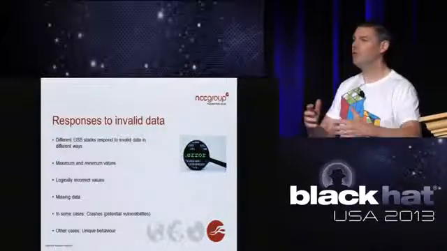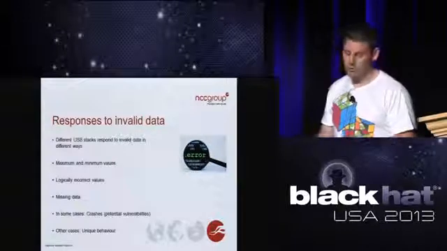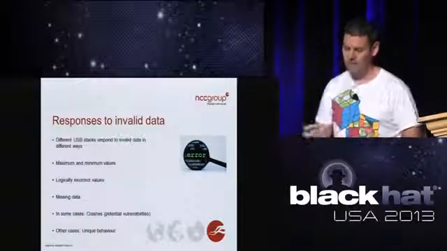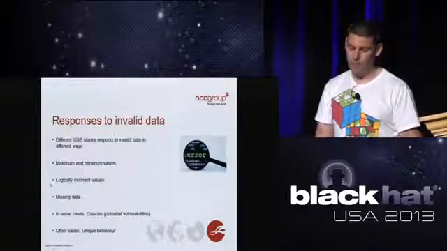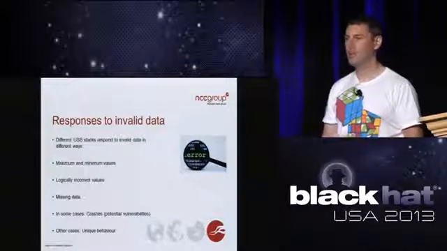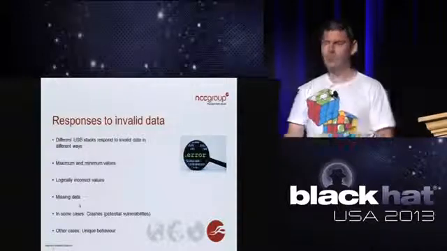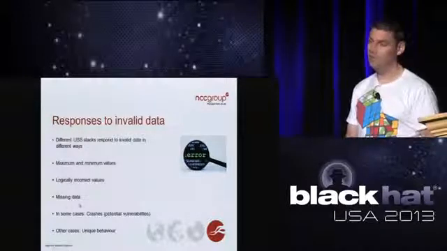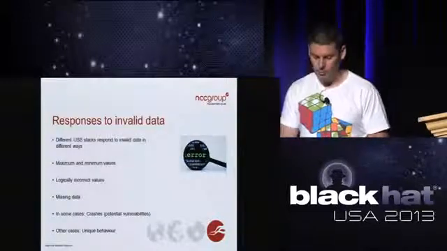So if you look at the type of data that's provided within those descriptors, you've got length fields, you've got values that could have minimum and maximum values, you've got the ability to put logically incorrect information in there, missing data. So in some cases you get crashes, and from a fuzzing perspective that's great because you're identifying bugs.